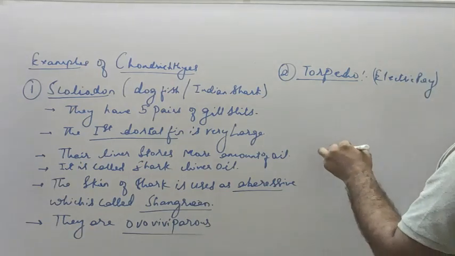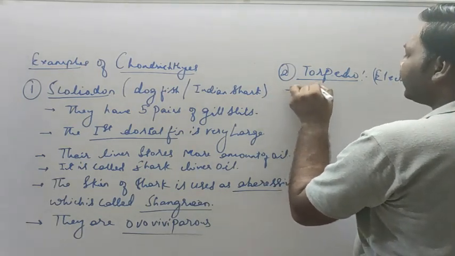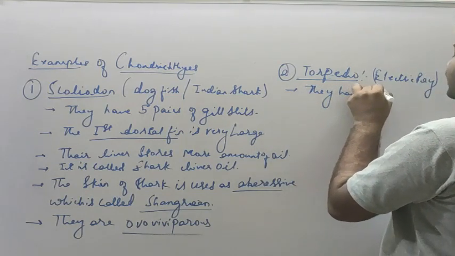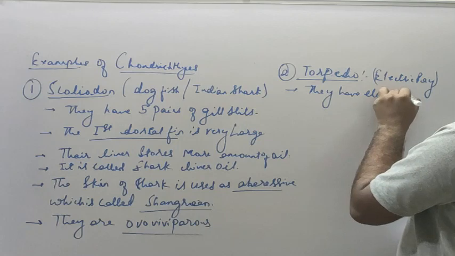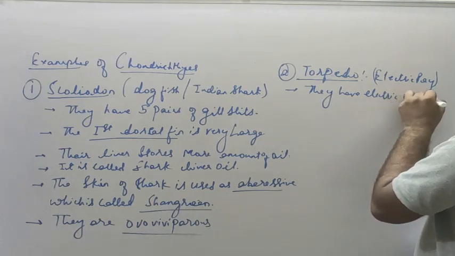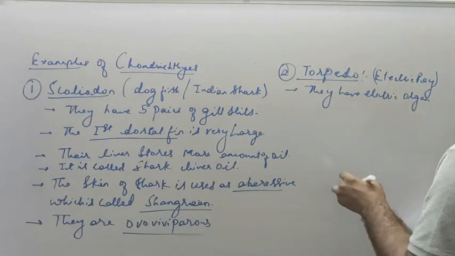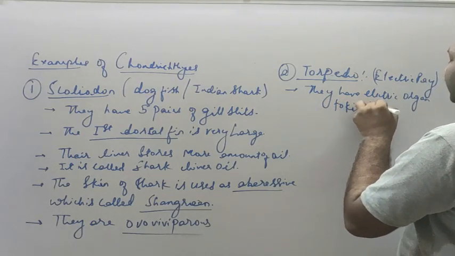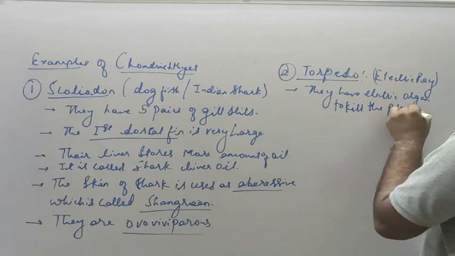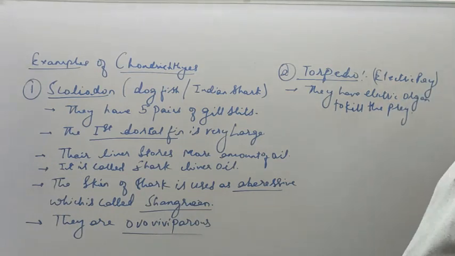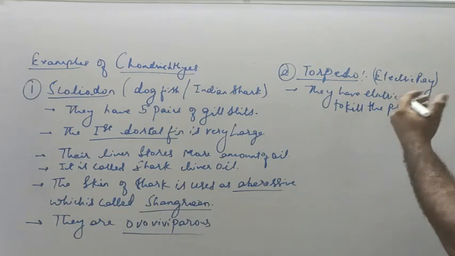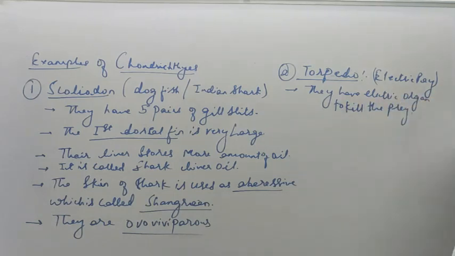We can write here: they have an electric organ to kill the prey. That is the function of this torpedo basically, the functional organ you can say, and other characteristics will be similar to those of the other cartilaginous fishes.